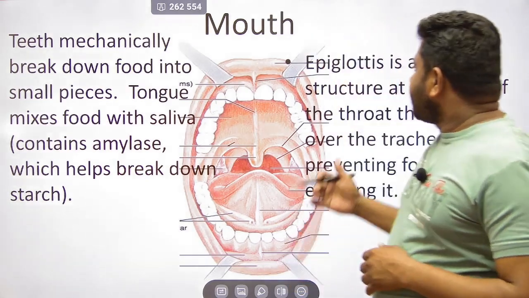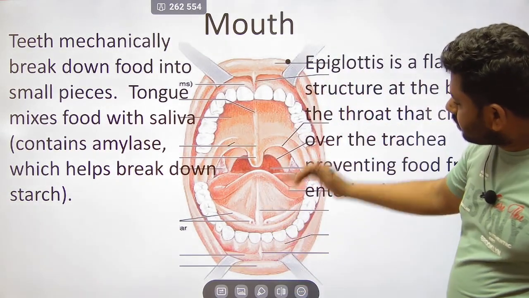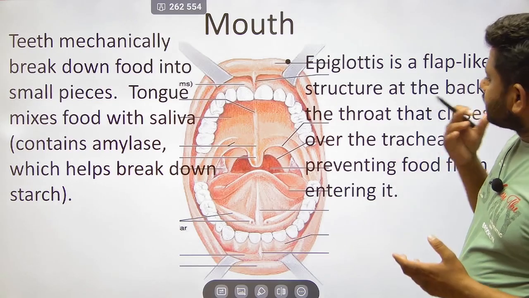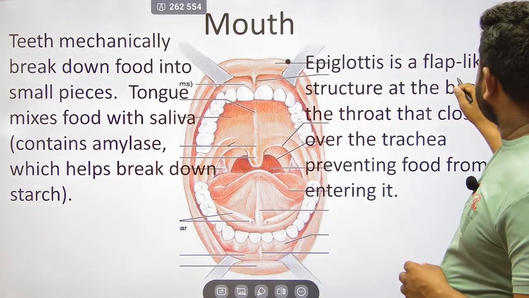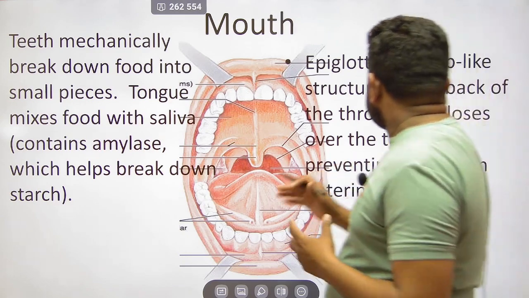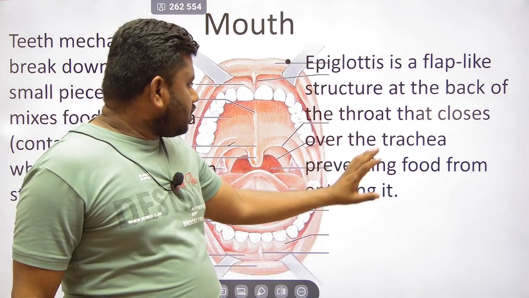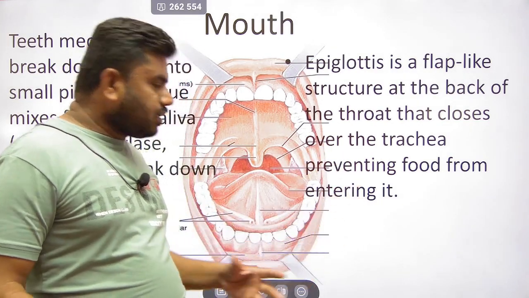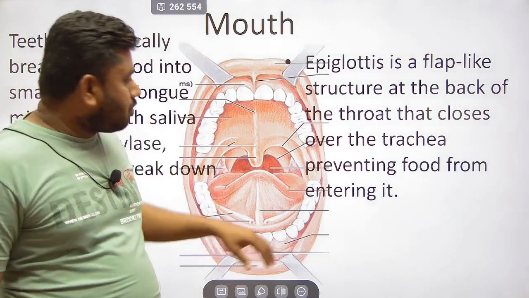Okay, and here is our mouth, the teeth, cavities, upper and lower cavity. Inside, the tongue is here. See here, the epiglottis is a flap-like structure at the back of the throat, and that closes over the trachea, preventing food from entering it, and that process happens in our mouth.